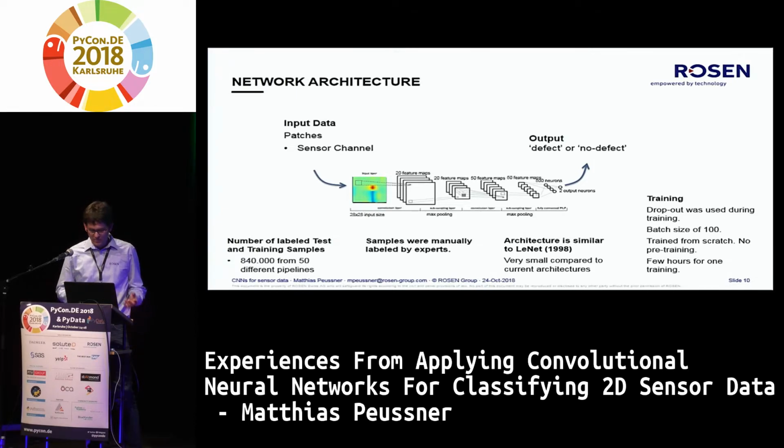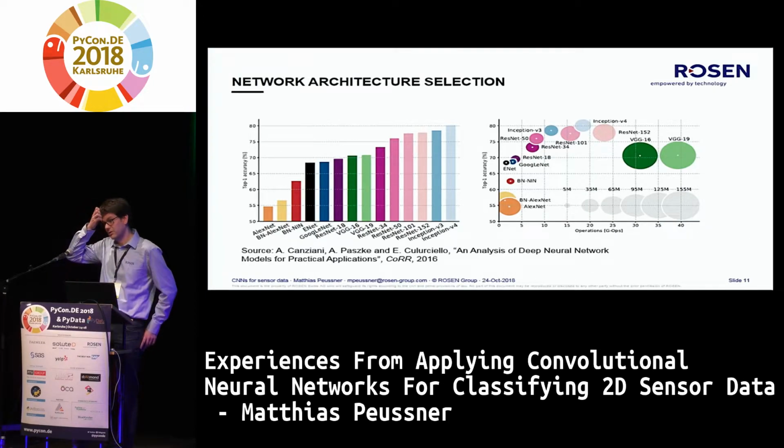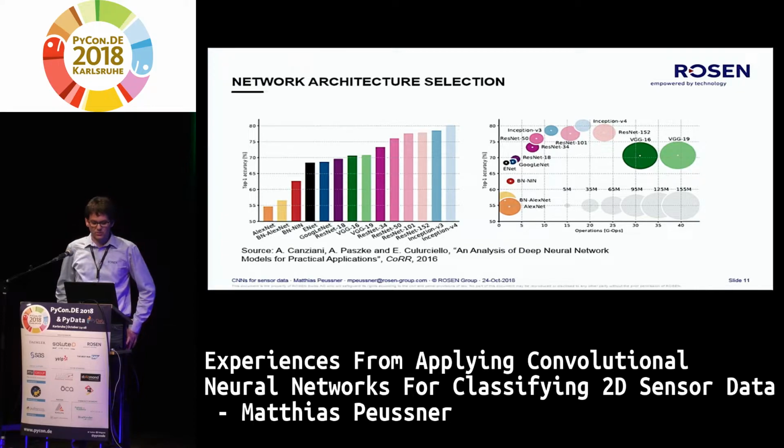Of course, nowadays, if you would start, you would also use maybe different or larger architectures, like the one pictured on this slide. So maybe you use a ResNet or an Inception framework, which is very much deeper than the one I used.